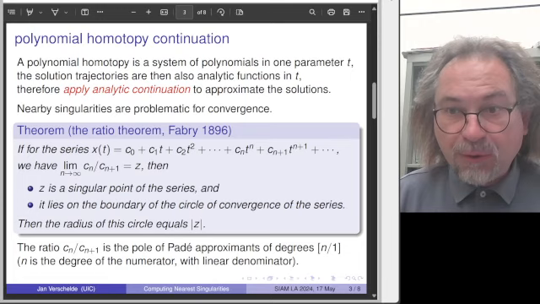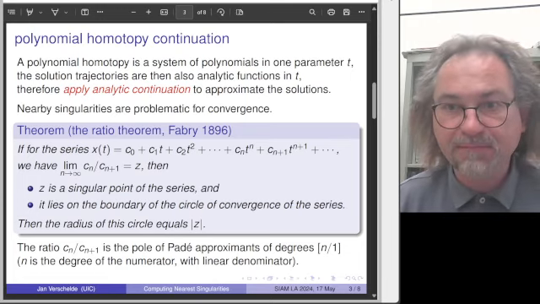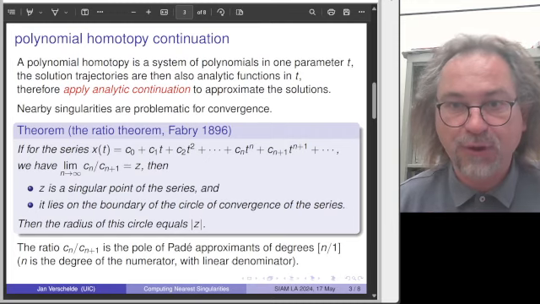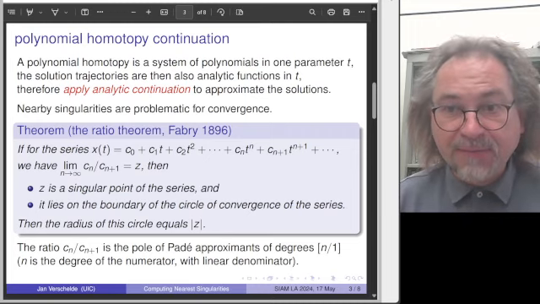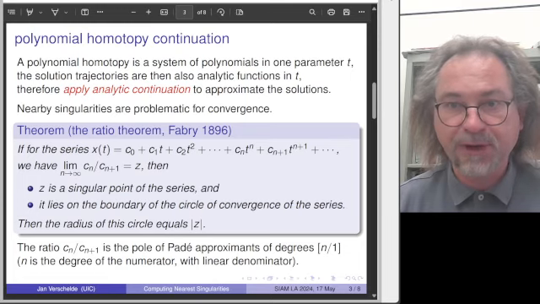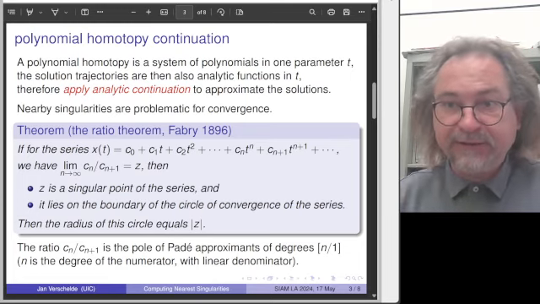Okay, so a homotopy is a family of systems, typically in one parameter, which we call t. You could see t for time. So this homotopy defines solution paths, and they are parameterized in t.